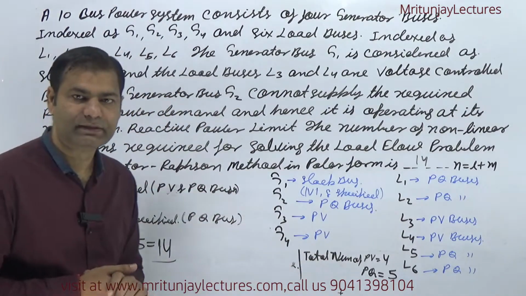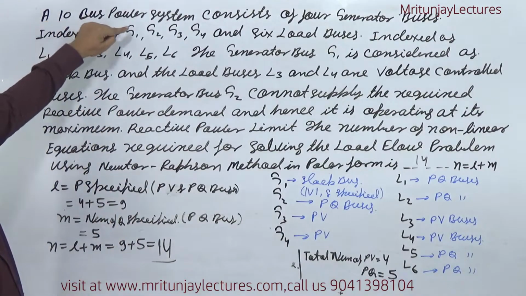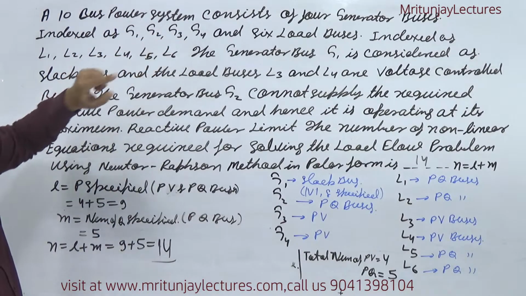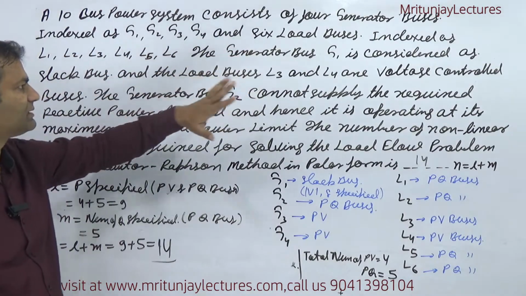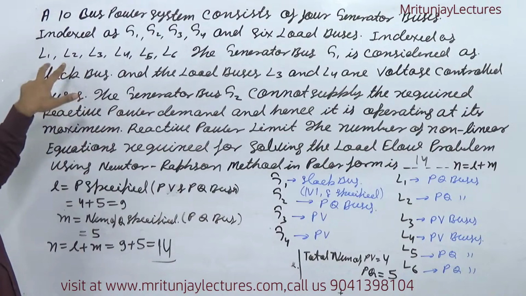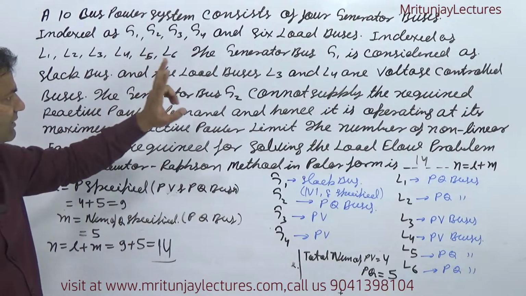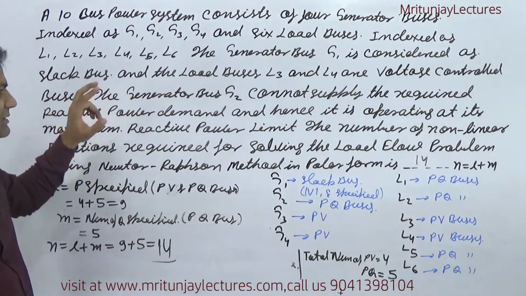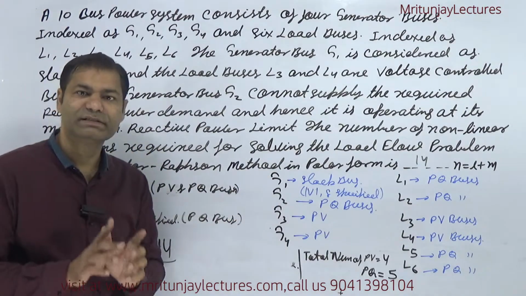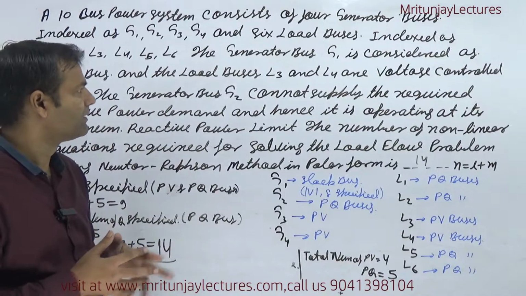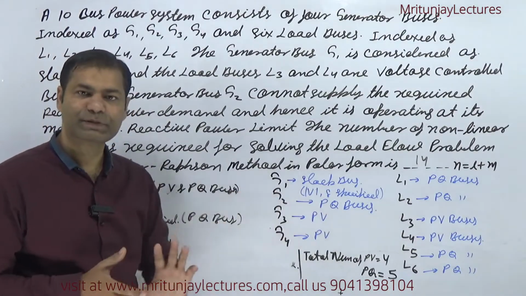First of all, again read the question. 10 buses, total number of buses is 10, consisting of 4 generator buses and 6 load buses. The generator bus G1 is considered as a slack bus, which means V and delta are specified.